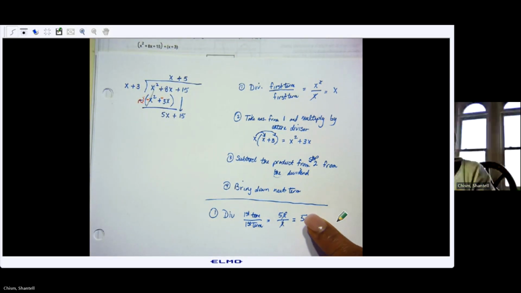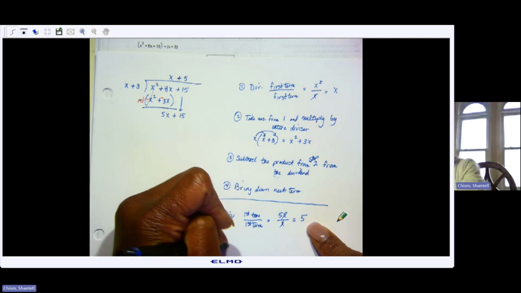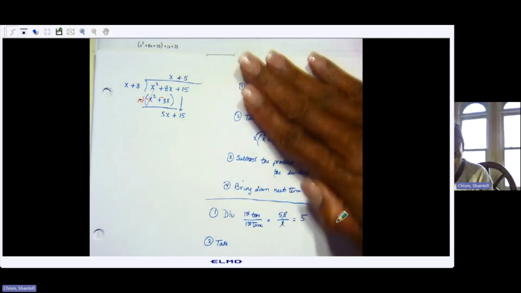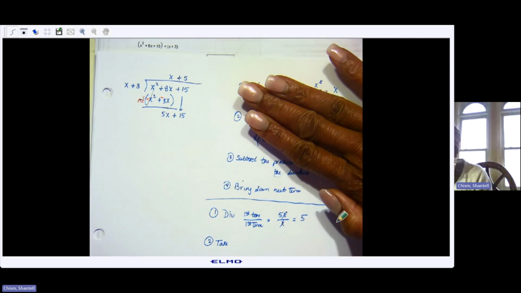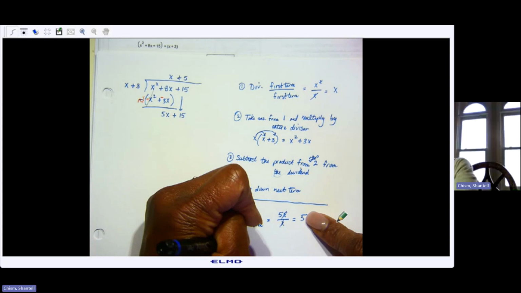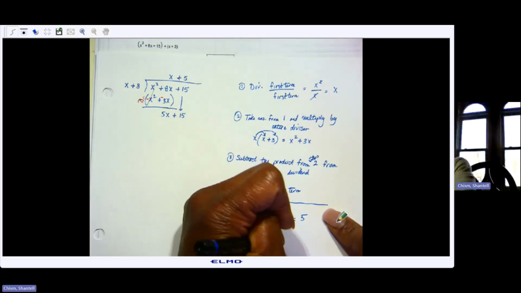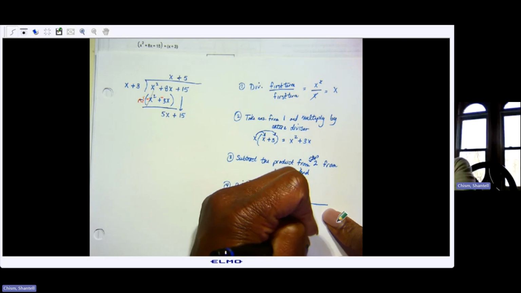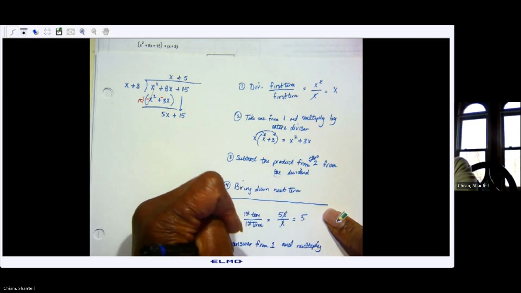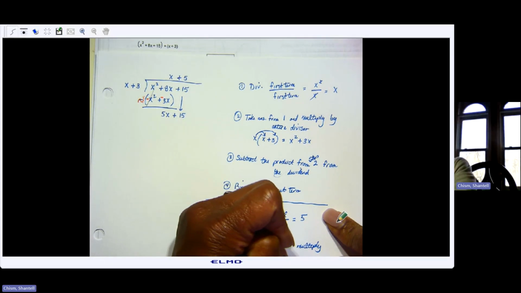Okay. Now I take, for step number 2, I take that answer, because remember, you're done up here. You ignore what you did before. You take this answer from step 1 and multiply by the entire divisor.